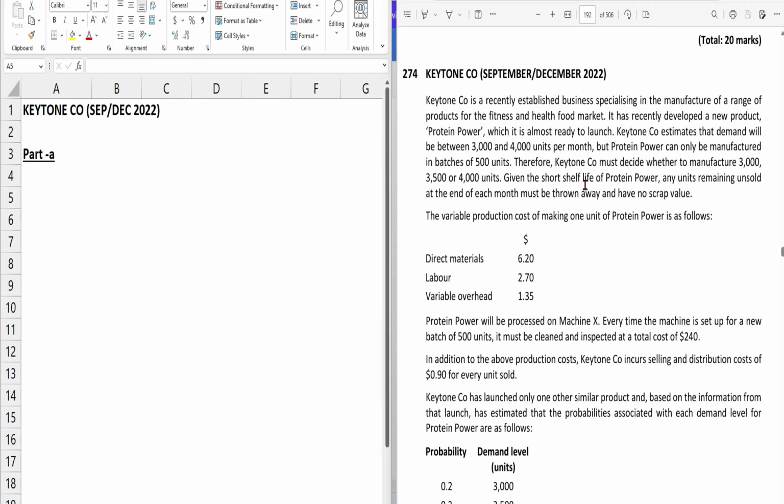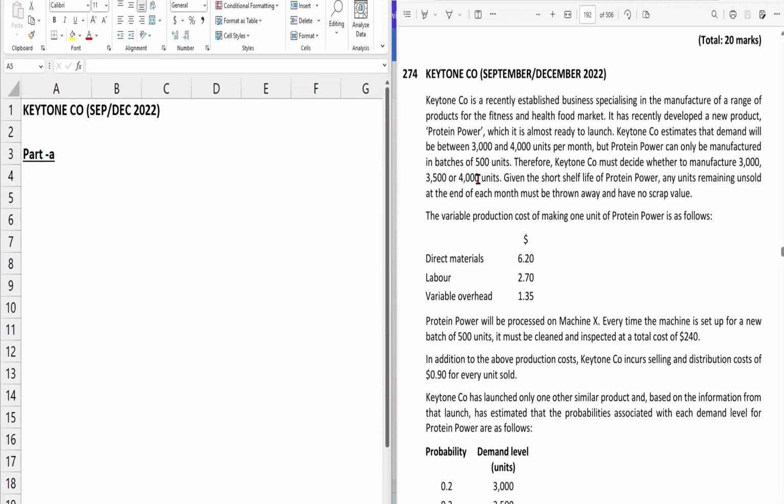Given the short shelf life of protein power, any units remaining unsold at the end of each month must be thrown away and have no scrap value. This line is very, very important. Suppose we have produced 4,000 units, but we are not able to sell them fully because demand was less.